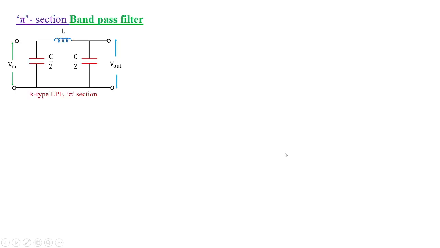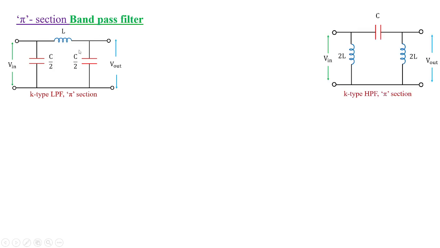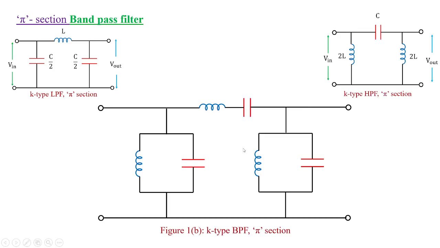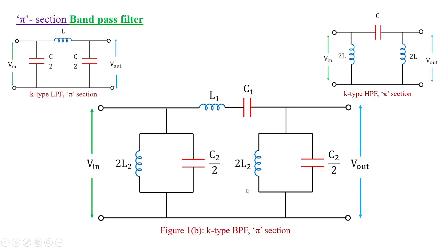After taking the parameters L1, C1, L2 and C2, we can also design the pi section band pass filter, which is again the combination of low pass and high pass pi sections. You can see here we have obtained the K-type band pass filter under pi section. The design parameters will be the same.